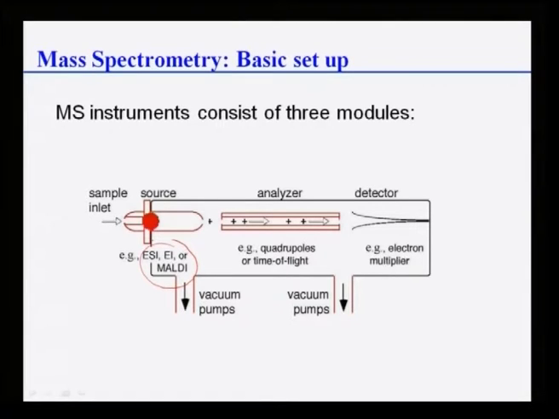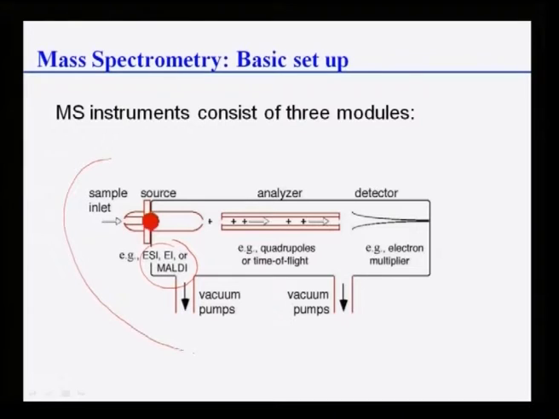And then these ions are analyzed based on mass to charge ratio by using either quadrupoles or time of flight measurements, and then they are detected by either a photographic plate, electron multiplier, Faraday cup, or different kinds of detectors available. And this whole thing has to be evacuated, because the ions need to move forward from the source to the detector.